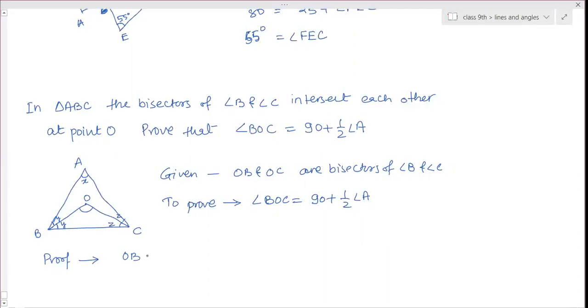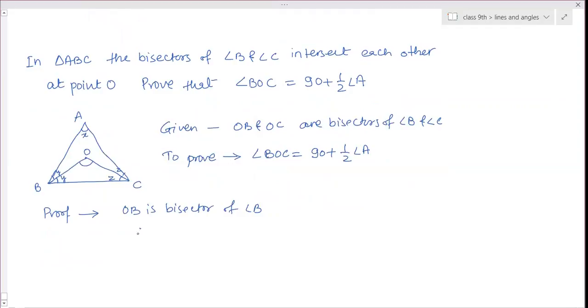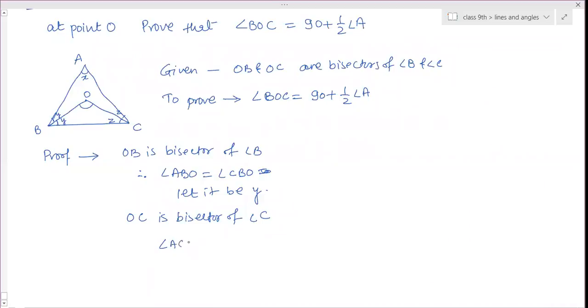OB is bisector of angle B. Therefore, first you have to mention what is Y and what is Z. Angle ABO is equal to angle CBO, let it be Y. And OC is bisector of angle C. Therefore angle ACO is equal to angle BCO, equal to Z. And now let angle BAC be X.